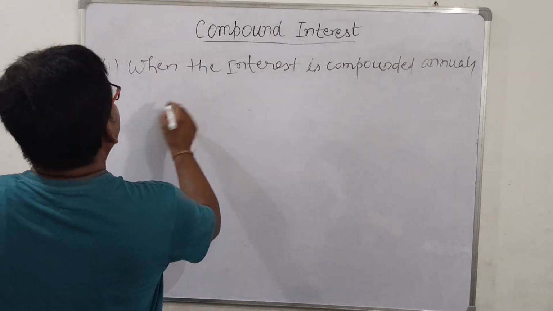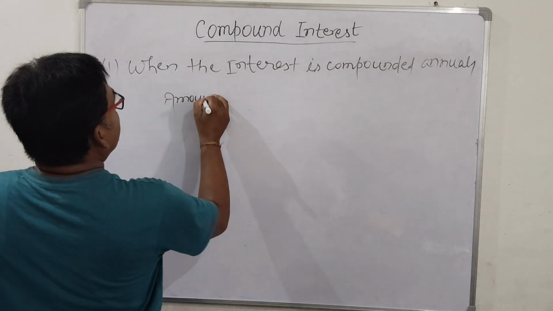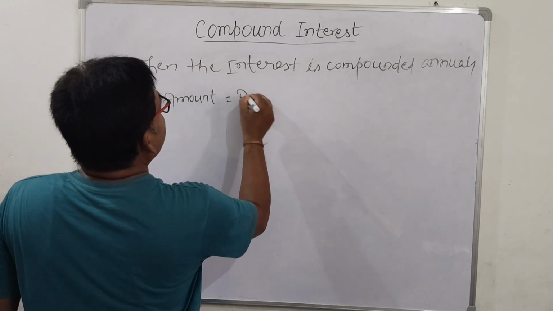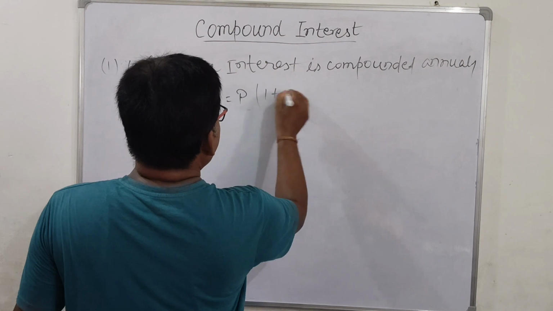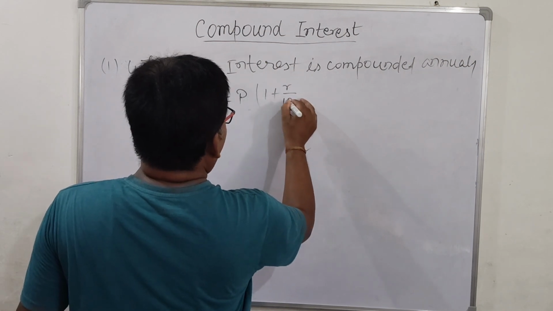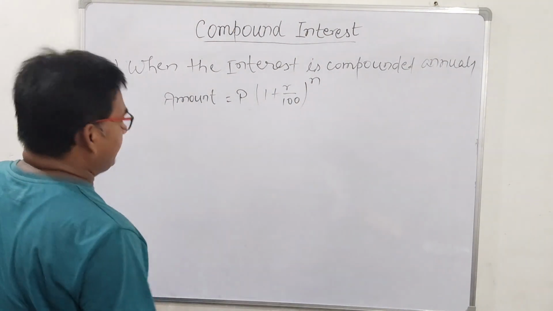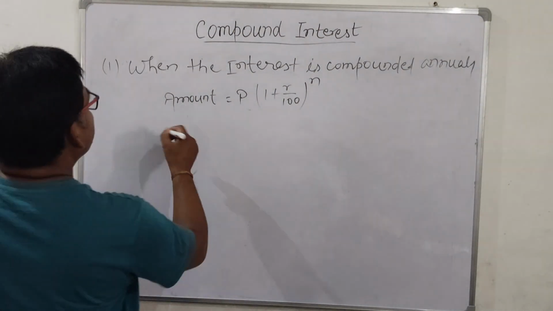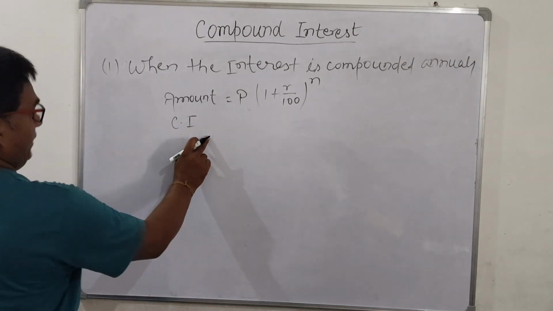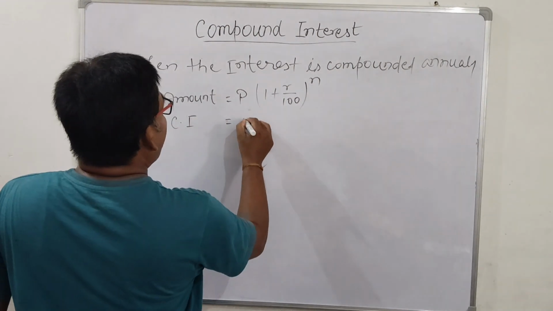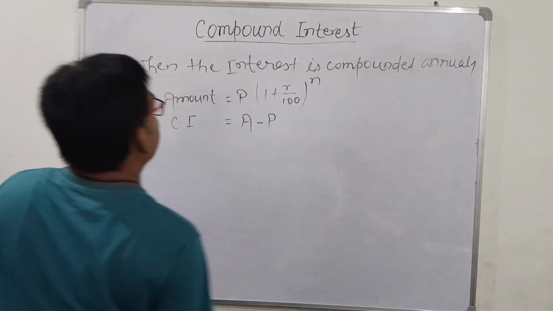Then amount is equal to principal, that is P for principal, into 1 plus R for rate upon 100 to the power n. N is equal to number of years, that is time. And after that we find CI, that is C for compound, I for interest. So CI is equal to amount, A for amount, minus principal, P for principal.